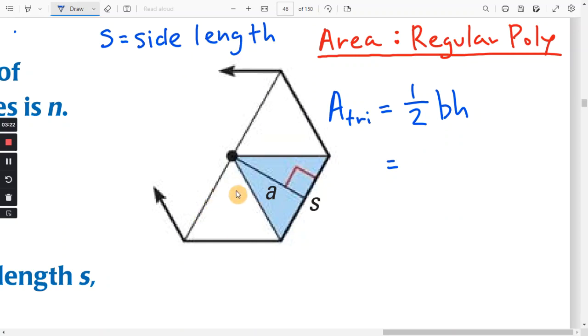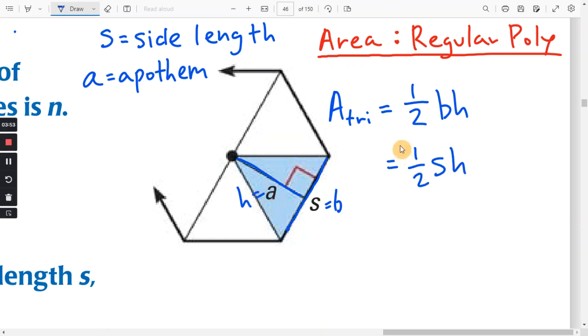So if we let S equal the side length and lowercase a equal the apothem, the area of this triangle is going to be 1/2 times the base, which is just S. In place of B, I'm going to write S. And the height H is this right here, that's your apothem. So it's going to be 1/2 S times H for each triangle.